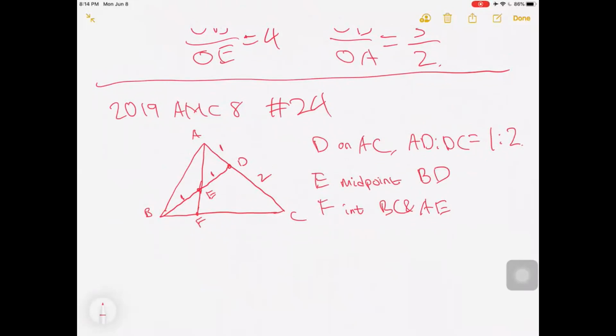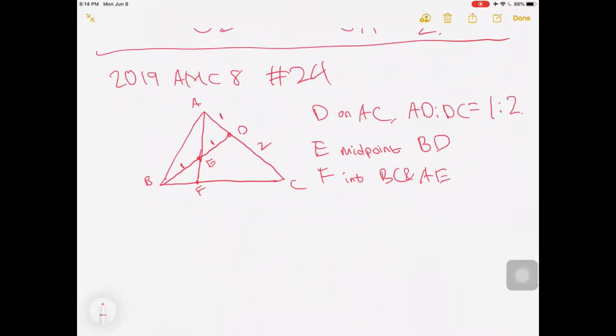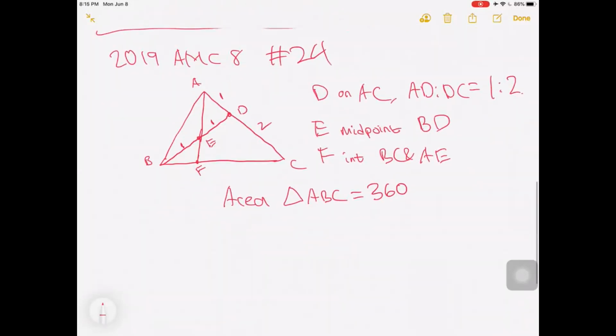And then it tells us that the area of triangle ABC is equal to 360. And the question asks, what is the area of triangle EBF?